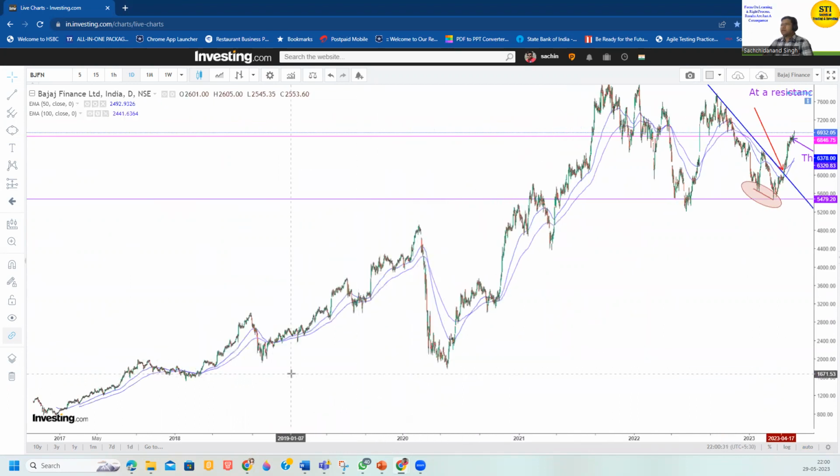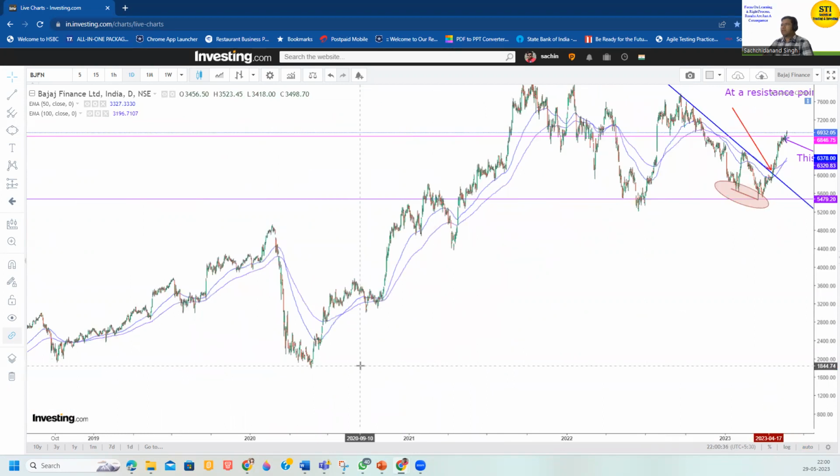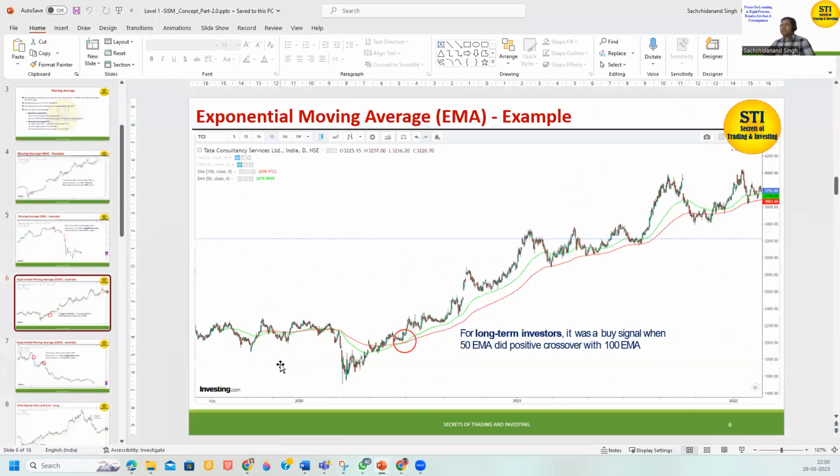The use of EMA is very simple, right? This is again the COVID fall time. As per this concept, for a long-term investor, it gives the buy signal when 50 EMA does a positive crossover with 100 EMA.